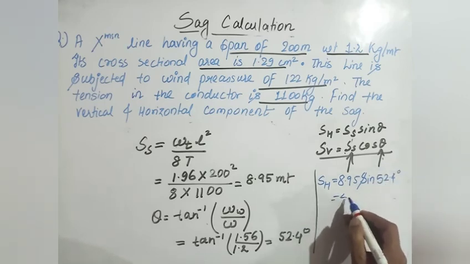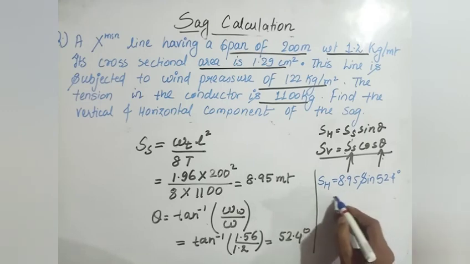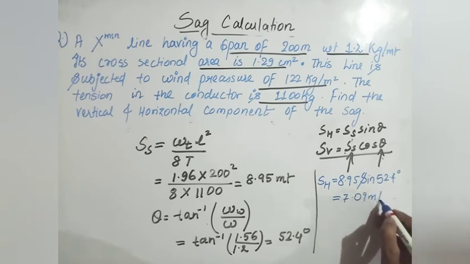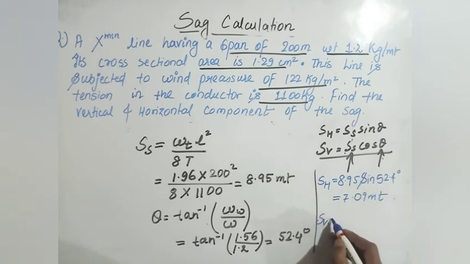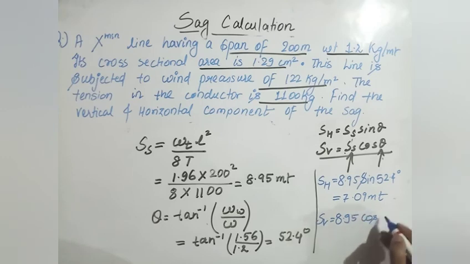So you will get 7.09 meter. If I talk about vertical sag, it is equal to slant sag, that is 8.95, into cos of theta, that is 52.4 degree. So you will get 5.46 meter.